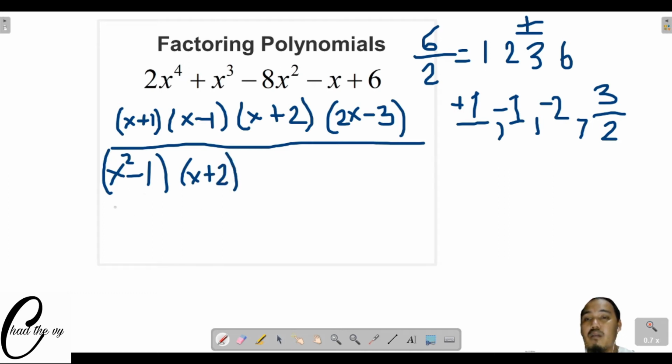Okay, so multiply na natin ng x plus 2. So x squared times x is x raised to 3. Then x raised to 2 times 2 is 2x raised to 2. Then negative 1 times x is negative x. And negative 1 times 2 is negative 2. Okay, multiply na natin dito 2x minus 3.